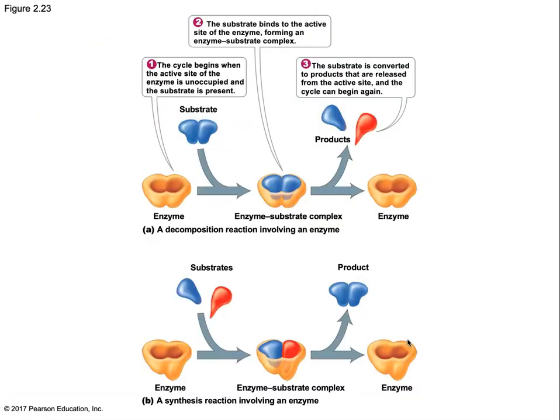And as we saw in this slide, that shape is very important. That active site where the substrate can bind has a very specific three-dimensional shape that fits that one and only substrate. We then break those substrates apart, send them on their way, and we still have our three-dimensional shape.